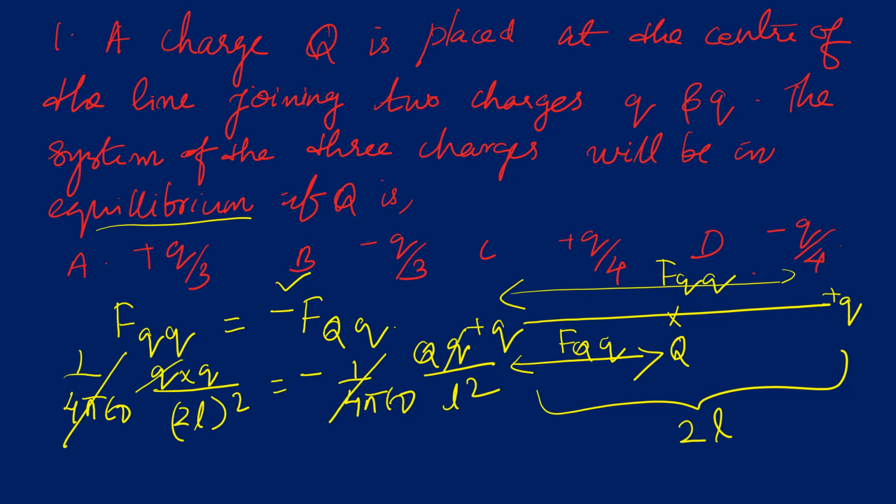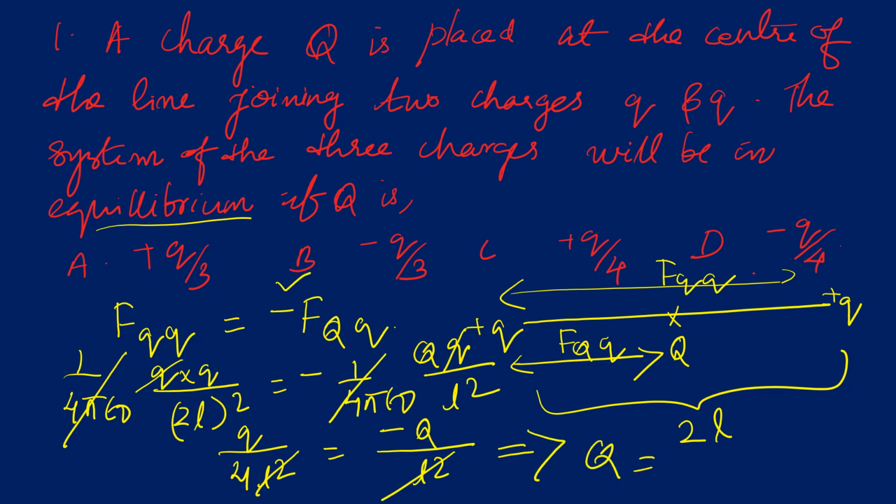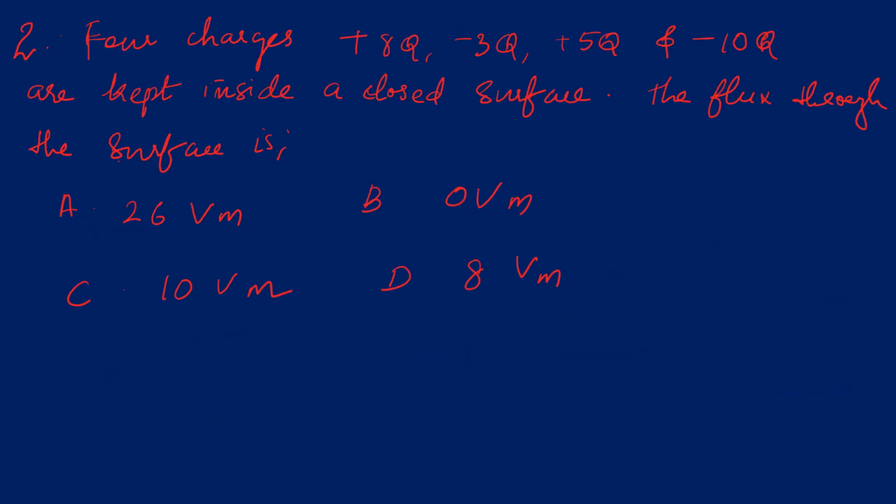Here we will get Q by 4L square equal to minus Q divided by L square. So that Q equal to minus Q by 4. Option D is the correct one.